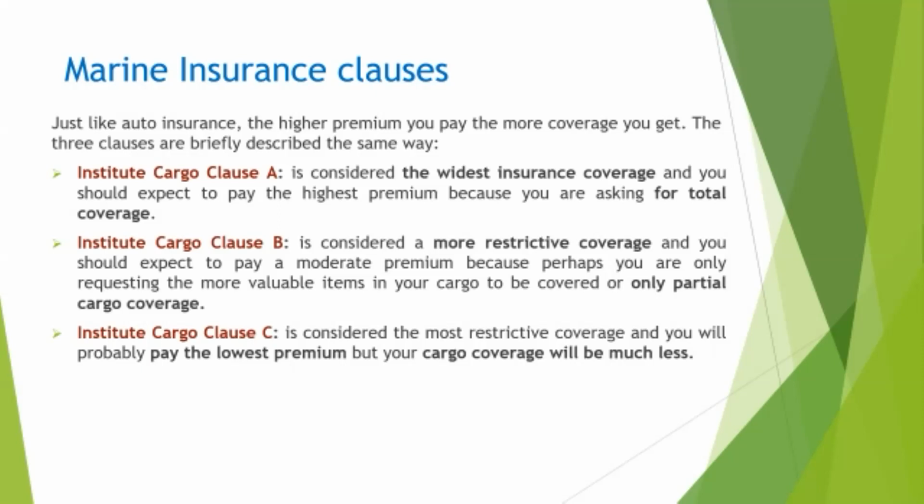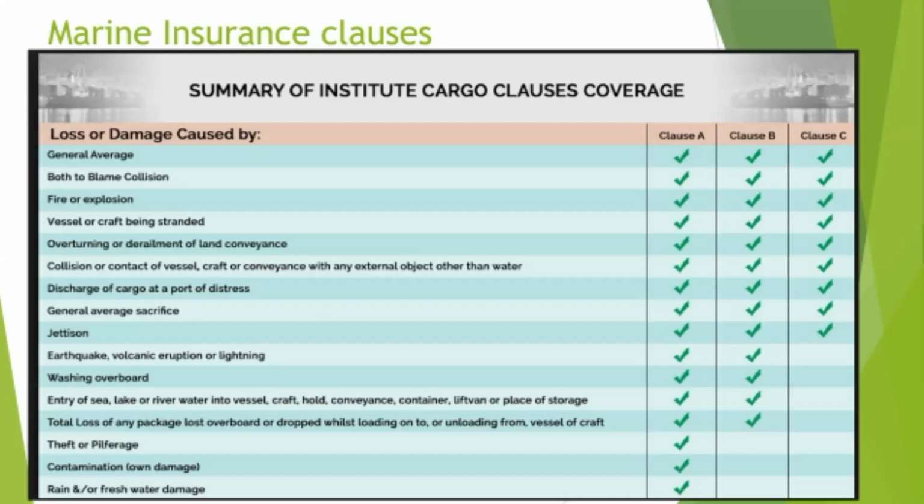Or we can ask for clause C, which is considered the most restrictive coverage, and you will probably pay the lowest premium, but your cargo coverage will be much less. So as I told you, C is very common to use in international business, but it is associated with the minimum coverage.